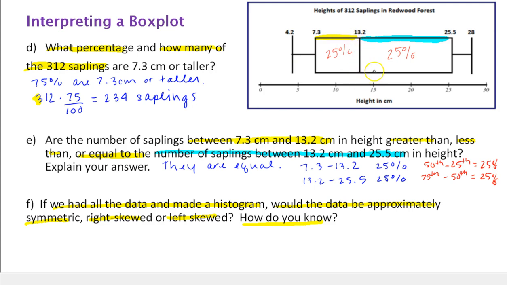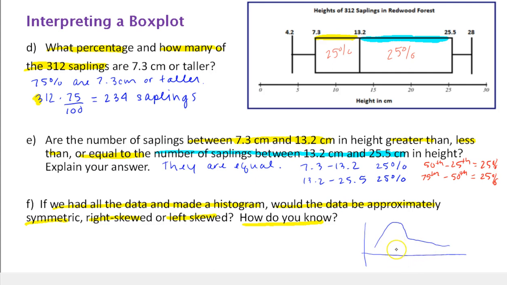The other half of the data is spread out over a larger range of values. So this tells me that about half is here. That's not the best graph in the world. I'm not an artist. About half is here, but this 50% is spread out over a longer range.